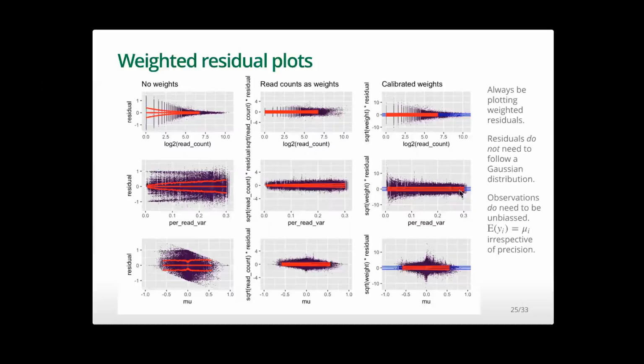And again, plot lots of residuals. Few points I want to make with this. I apologize for just showing a bunch of graphs here, but my main point is always be using these weighted residuals. I think they're a very useful tool.